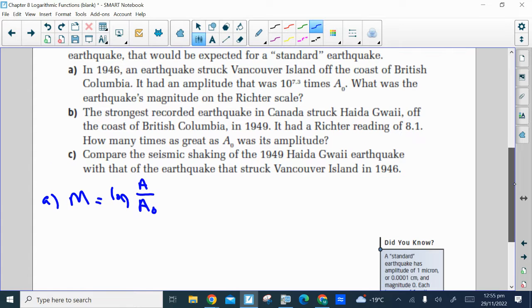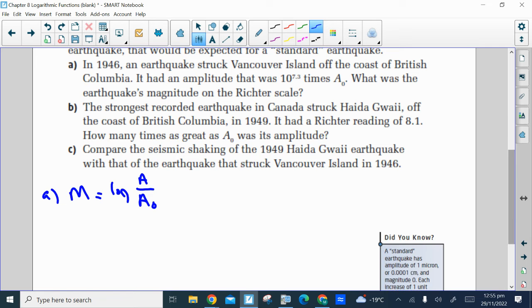For this question, the amplitude A was 10 to the 7.3 times A sub 0. So it will be the log of 10 to the 7.3 times A sub 0 over A sub 0.